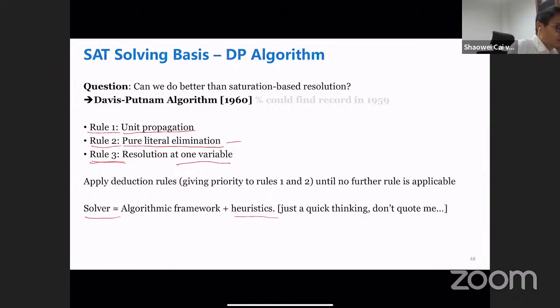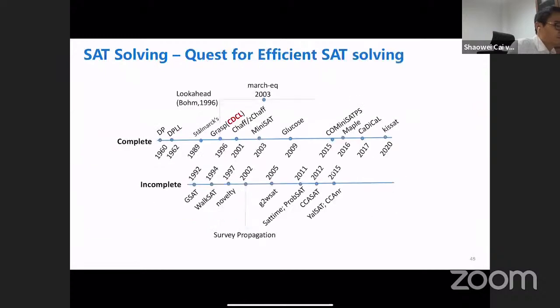So when we use these heuristic rules to modify the algorithm, we get a solver. I usually understand a solver as an algorithmic framework with some heuristics in it. You will see in my following introduction that I will also introduce CDCL in this flavor.